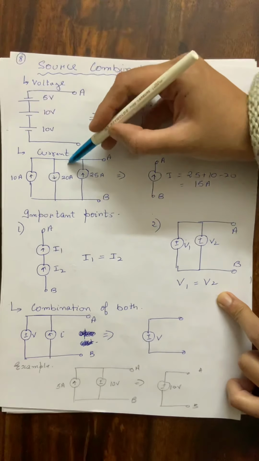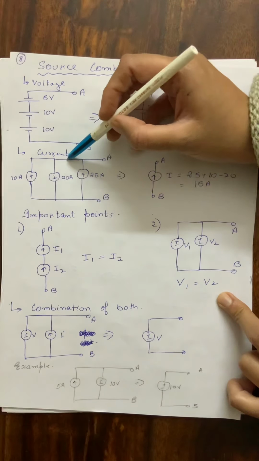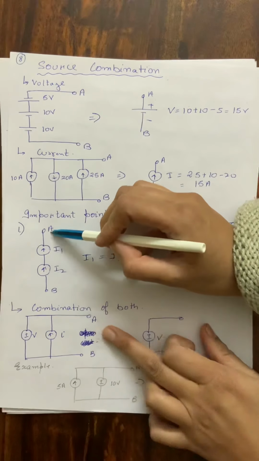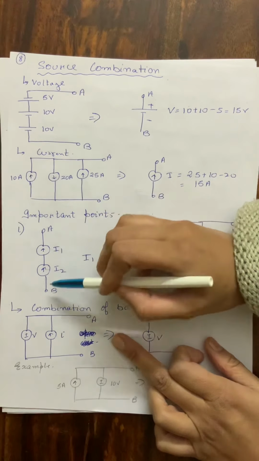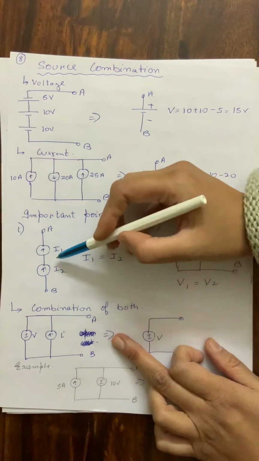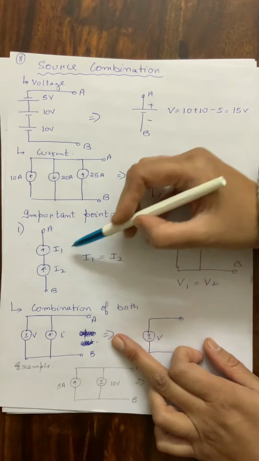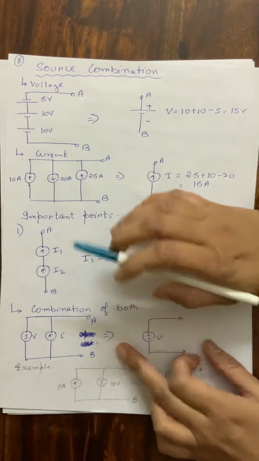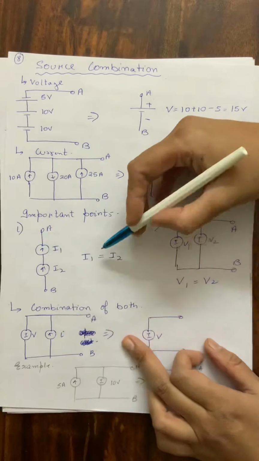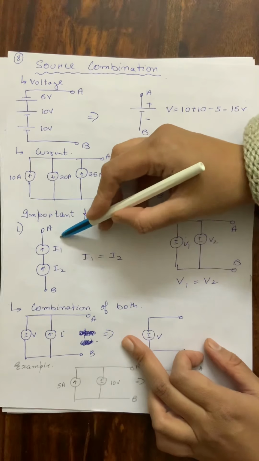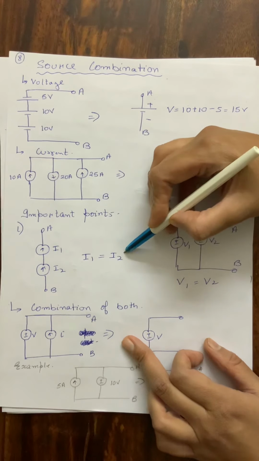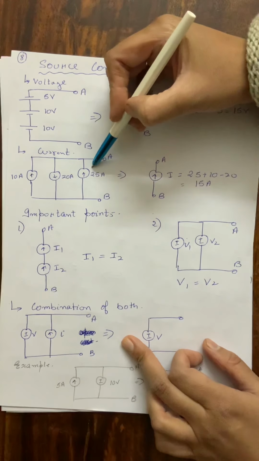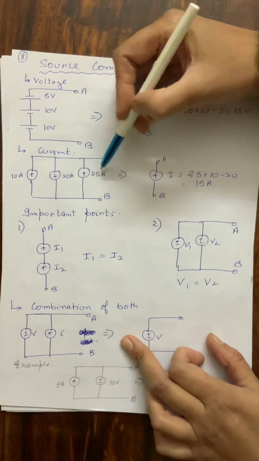Let's see current sources in parallel. Now current sources cannot be in series unless they are equal, because in series the current is equal. If I1 and I2 have different values, this circuit is not right, it's a wrong circuit. So to make the circuit right, there should always be I1 equals I2. And if we want to find the equivalent current in a circuit where there are currents in parallel, this is the way.